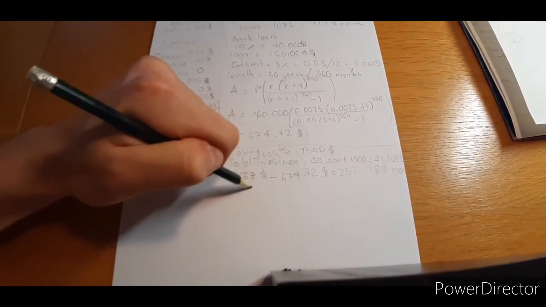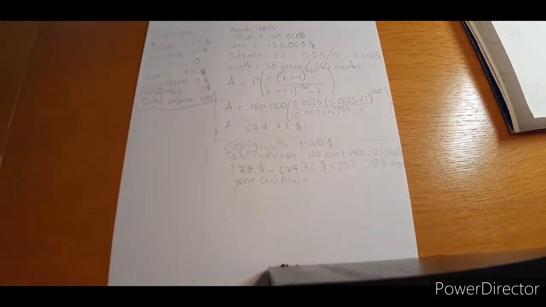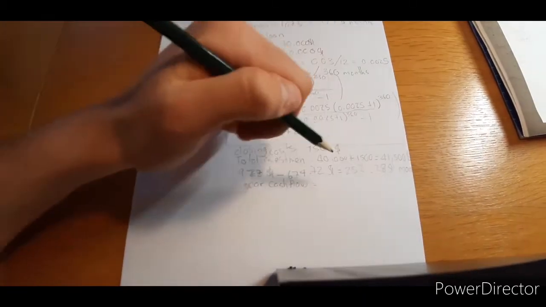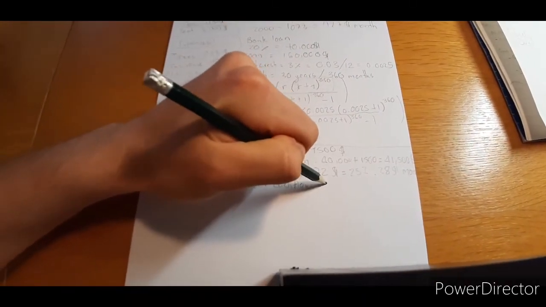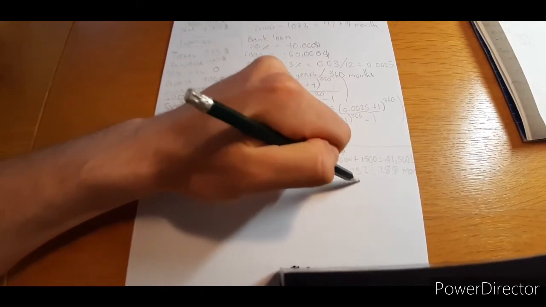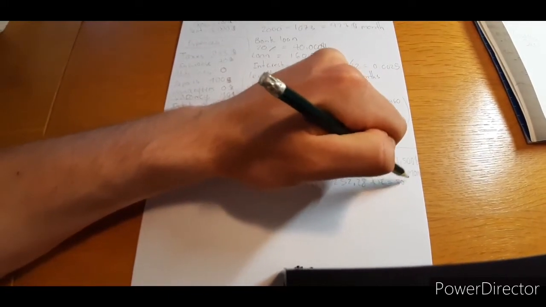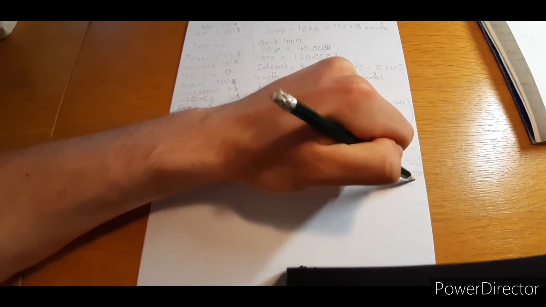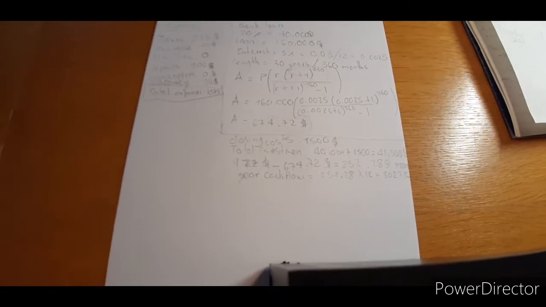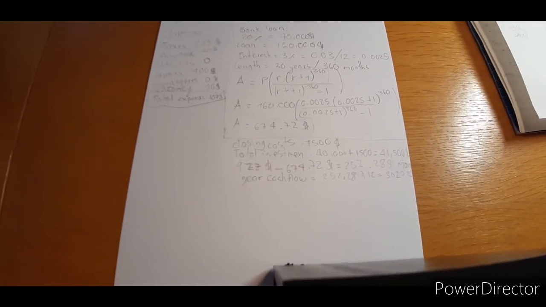So the year cash flow will be 252.28 times 12, and this will give you $3,027.36. So actually you're getting all this, $3,027.36 yearly, doing nothing.